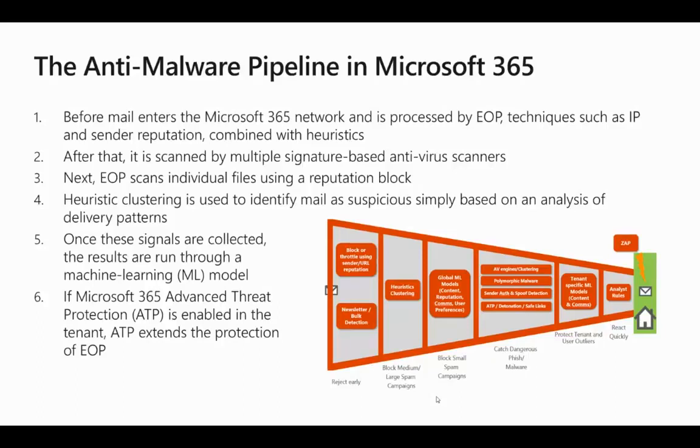Let's understand one more pipeline, where email flow has to go through 7 different layers. In the initial stage, newsletters and campaigning would be restricted earlier.